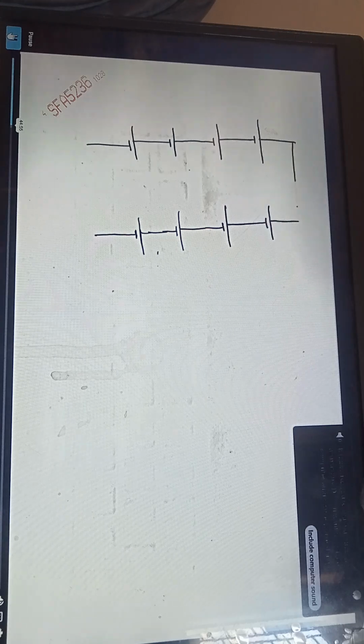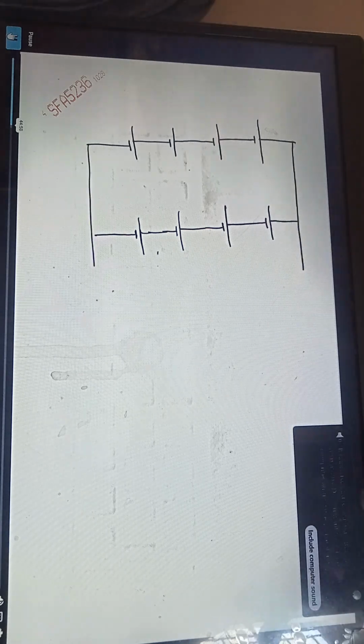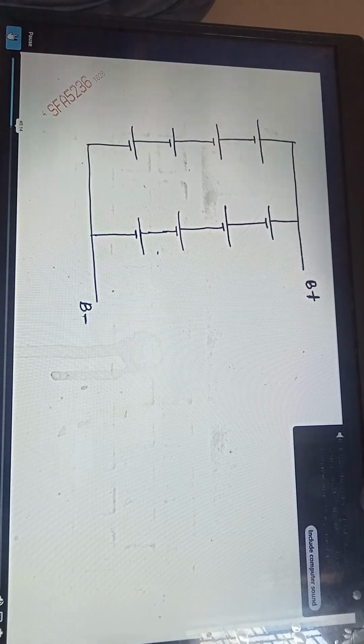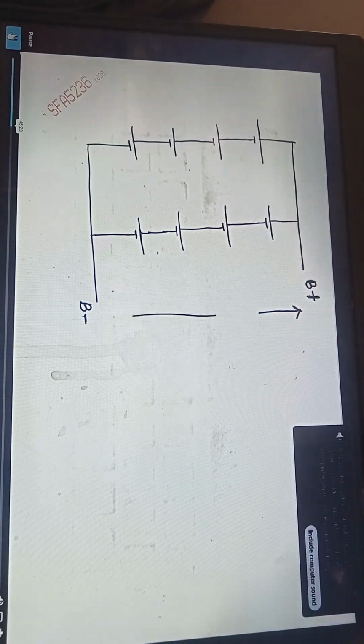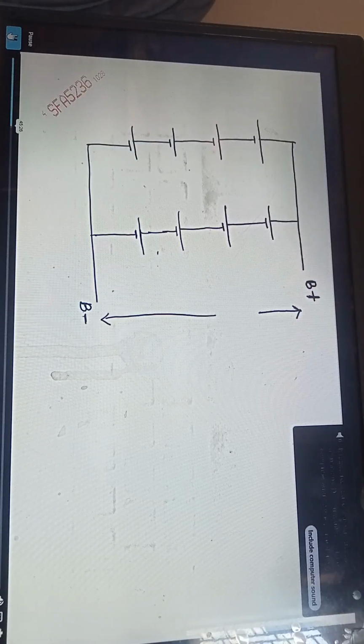So this is the battery plus and this is the battery minus, B minus. Right. So what is the B plus to B minus voltage? From here to here, what is the voltage?